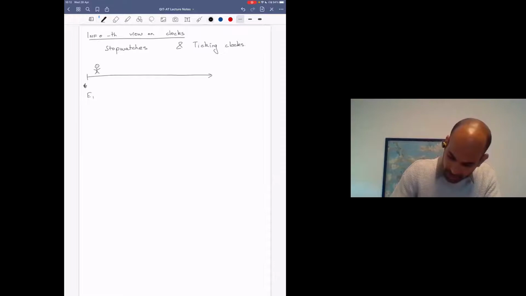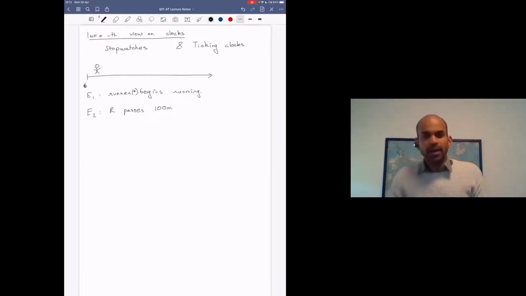So E1 is that the runner begins running. And let me consider E2 to be the runner R passes 100 meters. And what I ask is, I would like to construct a device that will tell me how much time the runner took to run this 100 meters.